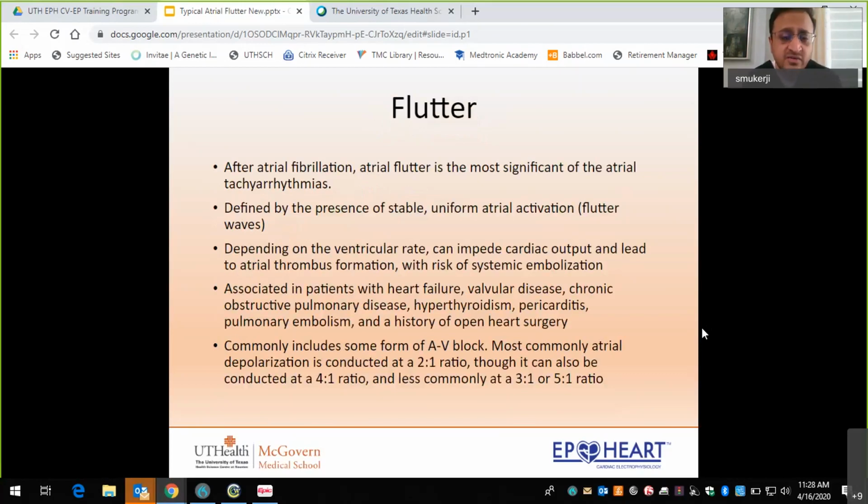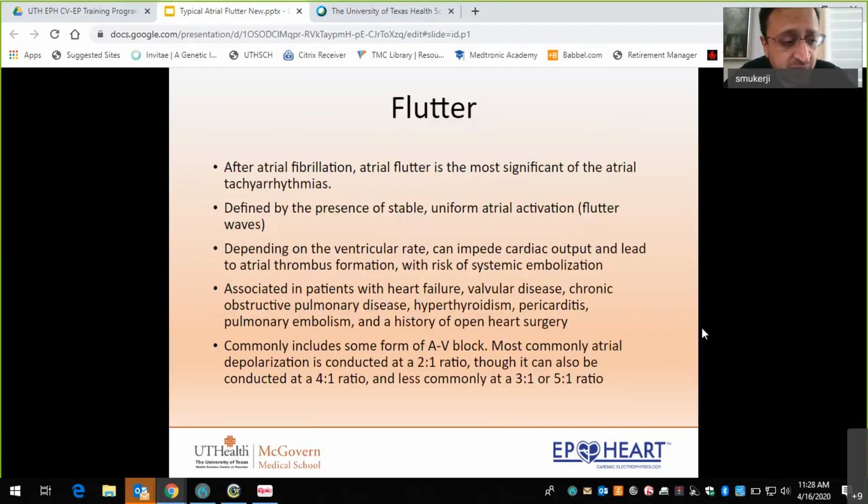So what is atrial flutter? Now, okay, let's go back in time a little bit. Again, when I was in med school, the way we differentiated atrial tachycardias were of course, the atrial tachycardia, then we had atrial flutter, and then atrial fibrillation. Of course, none of them hold true completely in today's day and age, like I said.